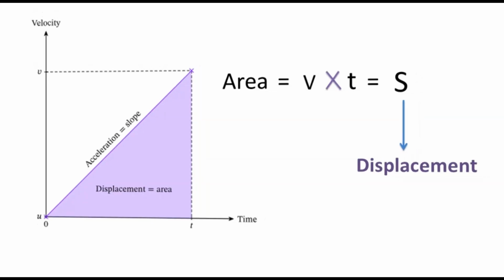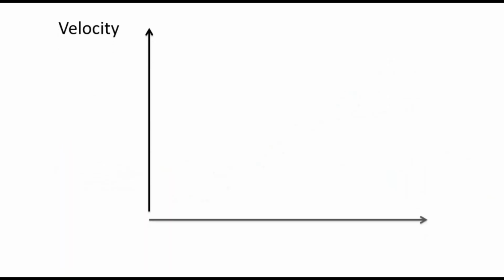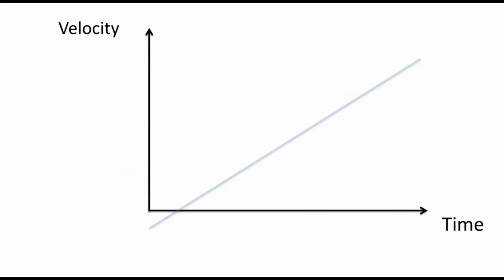Now consider a car which is moving with some initial velocity Vi, and after some time t, the velocity of the car becomes the final velocity, which is denoted by Vf. Because during this time duration the velocity of the car is changed from Vi to Vf, we can say that the car has accelerated. If the initial velocity of the car is 0, then the velocity time graph will look like this.